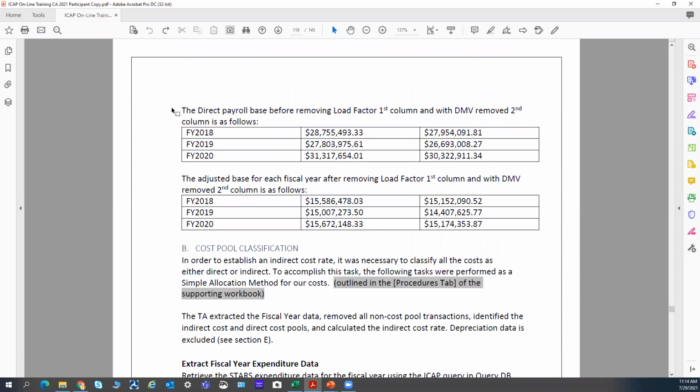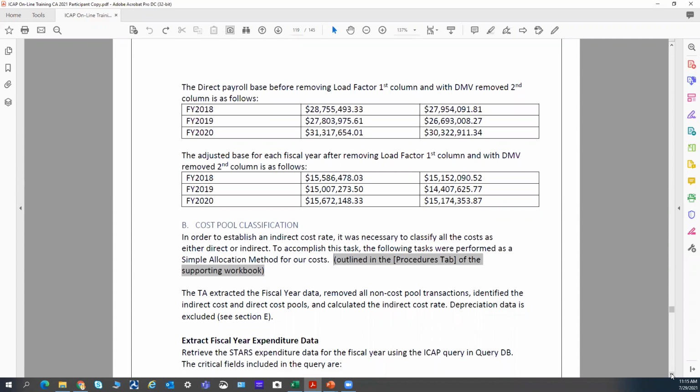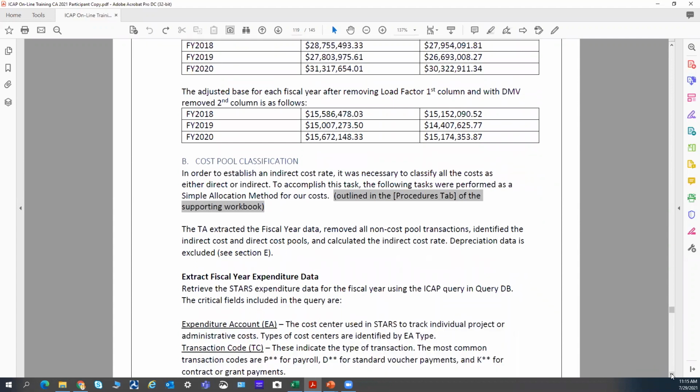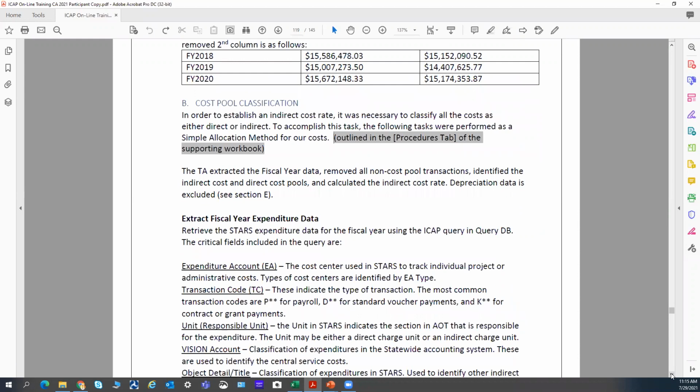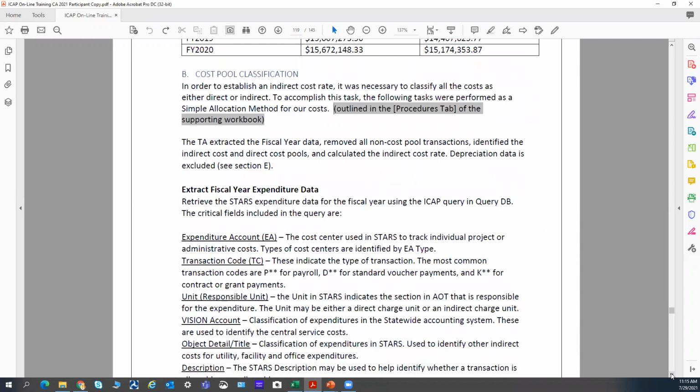And then prior to, as they continue, their direct payroll before removing the load factor, they show that in column 1. And then after removing the load factor, you can see that in column 2. So they're just representing their calculations after removing those various departments from their calculation, which is good because once again, they recognize it and they're aware of it and they're talking about it to where the Cognizant agency can better understand how this whole thing is put together.